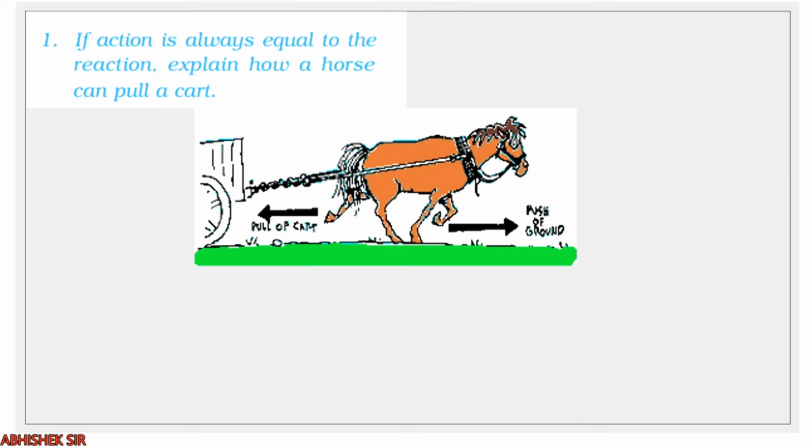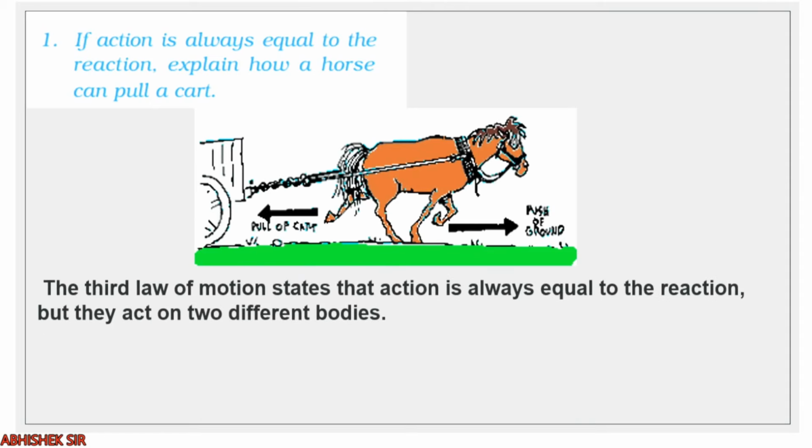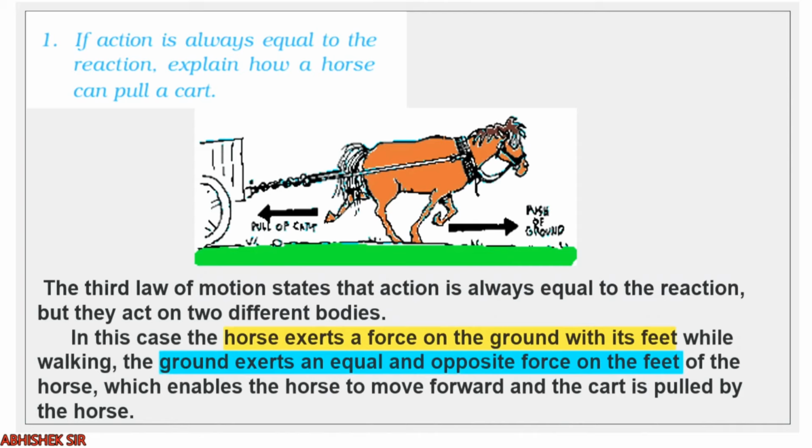In the same way, the horse is also applying force on the ground, at an angle with its feet while walking. So the ground also exerts an equal and opposite force on the feet, and due to this the horse will always move forward carrying the cart.